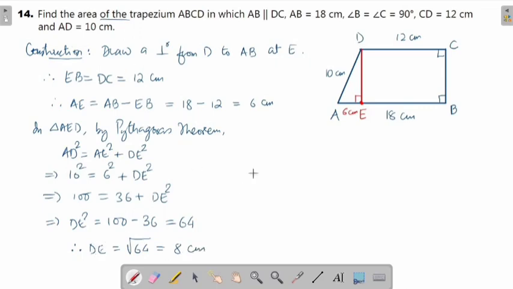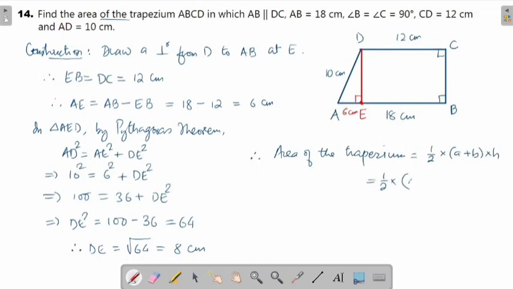So now the question is asking you to find area of the trapezium, right? All of you know the formula for area of the trapezium is half into (A plus B) into H. Here A and B represent the parallel sides, which are DC and AB.